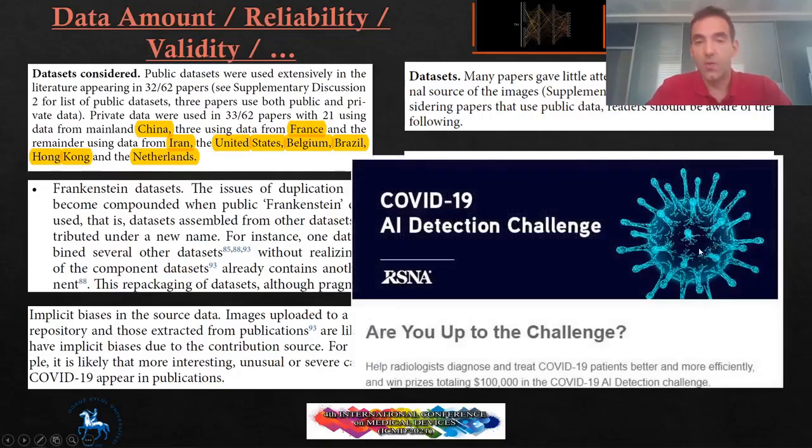Now, grand challenges are becoming the prominent tool for making a biomedical image processing application using AI models. For example, for this COVID-19 case, RSNA just announced an AI detection challenge.